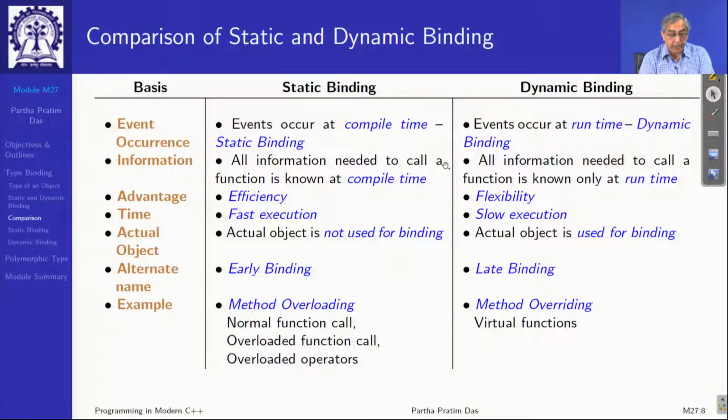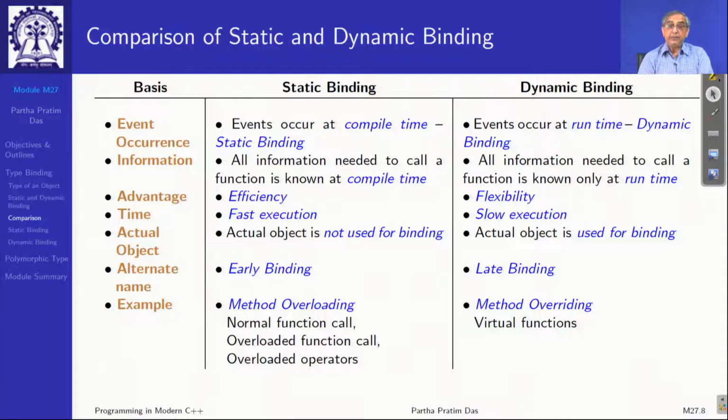So, if I quickly compare static and dynamic binding, naturally the events for static binding happen at compile time and those for dynamic binding happen at runtime. All information for a call is known at compile time for static binding, but for dynamic binding all information is not known; it is known only at the runtime.